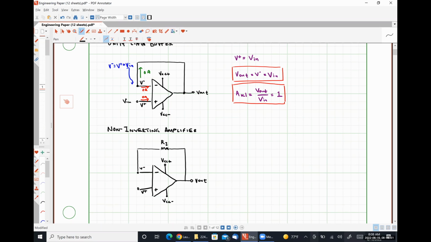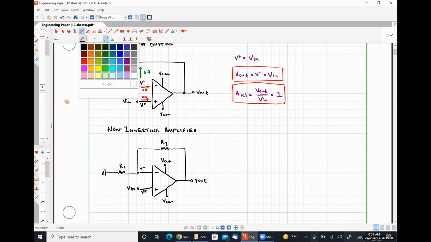We are also going to have a resistor R1 that is connected between our inverting input node and ground. And we are going to apply our input signal directly to the non-inverting input node.